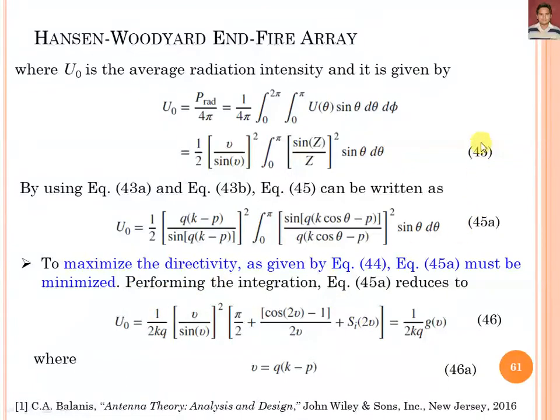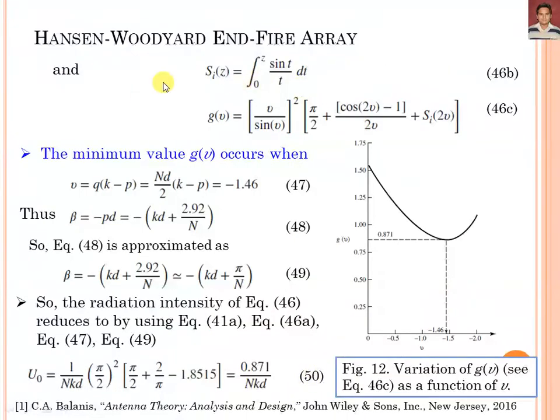So we have to integrate equation 45a, and this equation can be reduced to this form, and we are getting 1 upon 2kq g of v, where v is equal to q k minus p, Si of z.